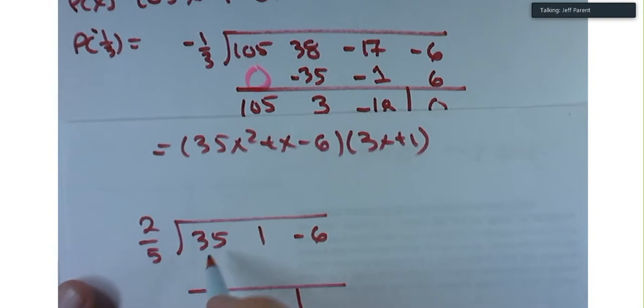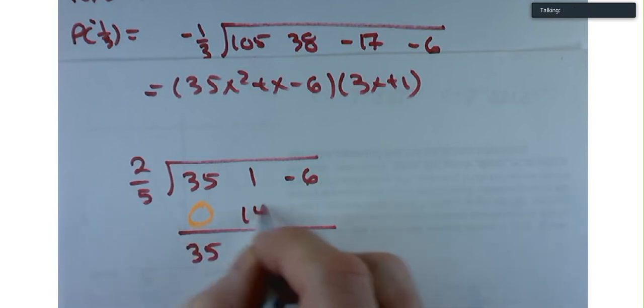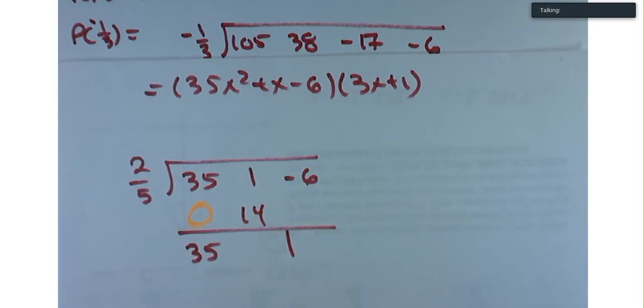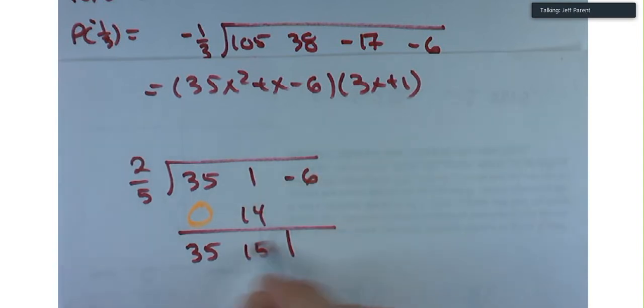So let's see. We'll start out with a 0. As always, bring that down. 35. 2 times 35 is 70. 70 divided by 5 is 14. Add going down. 15. 2 times 15 is 30.